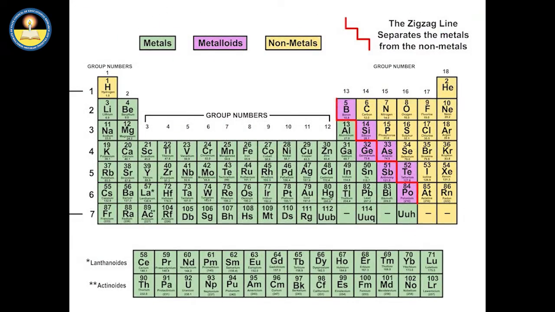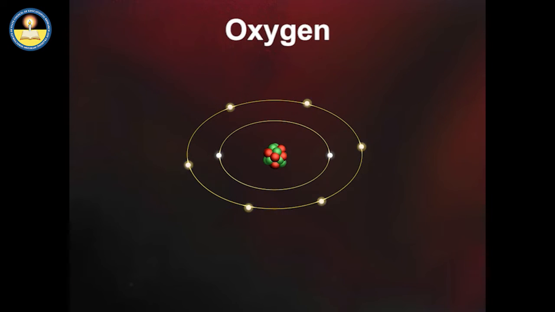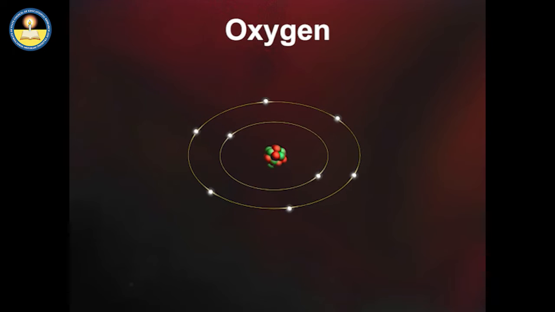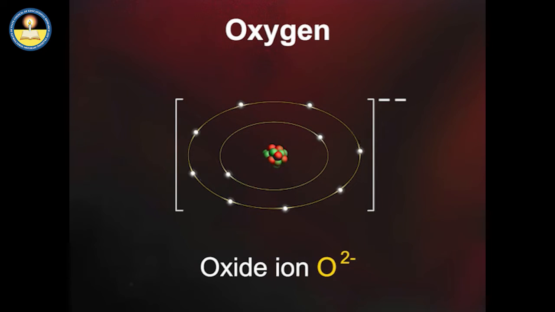The oxygen atom belongs to group 16 of the periodic table. It has 6 valence electrons. It requires 2 extra electrons to achieve the noble gas configuration and form O2- ions.